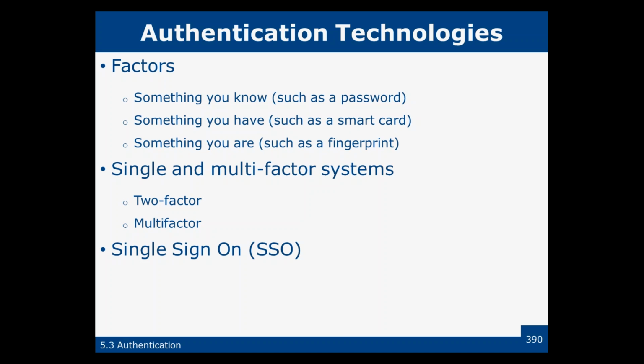If we had 2 things you know, such as a password and a PIN, it would make it more difficult, but that would still be single factor authentication. You have to have something from at least 2 of those, multi-factor when you have all 3, when you have more than 2 factors in the authentication.